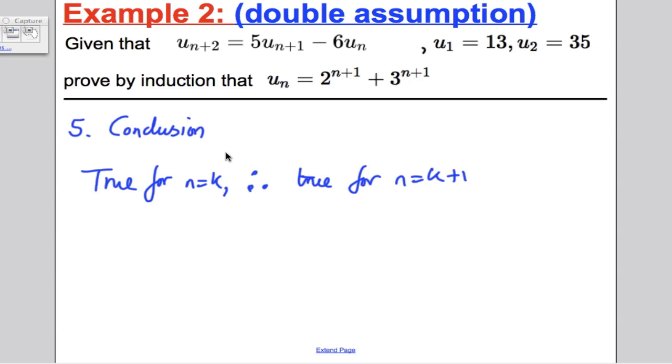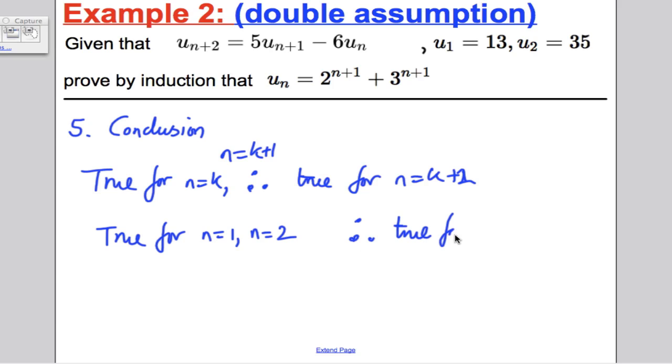So it was true for n equals k and n equals k plus 1, so therefore true for n equals k plus 2. And as it was true for n equals 1 and n equals 2, therefore true for all n bigger than or equal to 1.